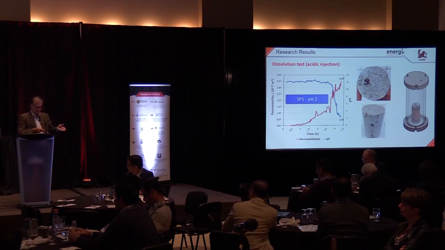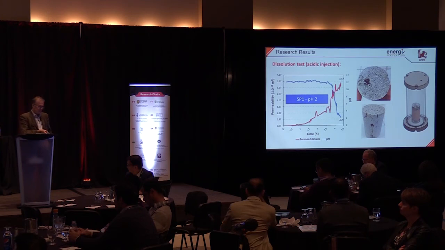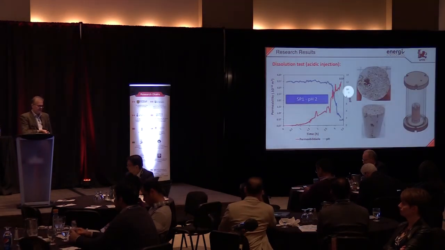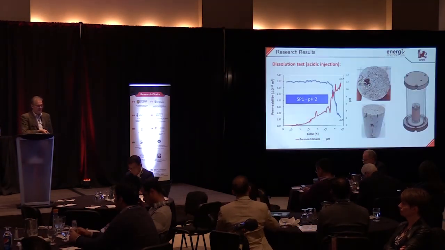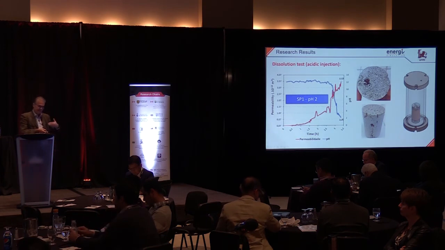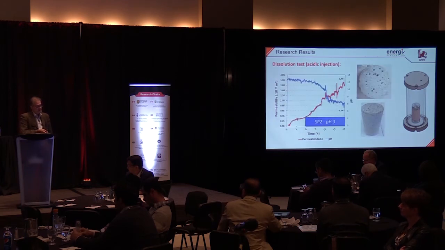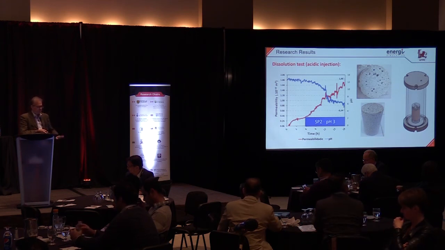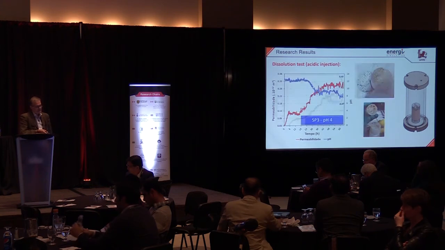In the beginning, a very aggressive solution, pH 2, formed wormholes. We are not interested in wormholes. We would like a very uniform dissolution of the sample, as we want to build a constitutive model for that. So we increased the pH, and we have a better, more uniform dissolution at pH 3 and pH 4.